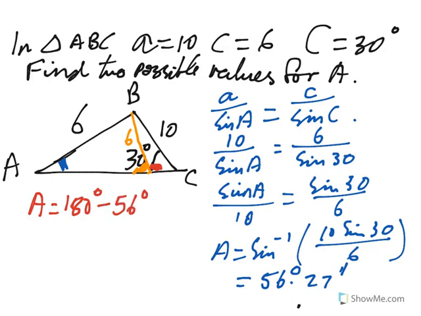Alright, so that's always the case. And 180 minus that is 123 degrees and 33 minutes. And there is the ambiguous case.